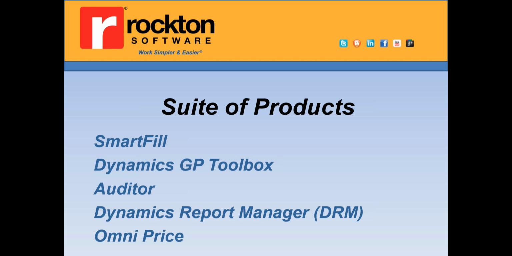We have DRM, which allows you to print and manage your reports like SRS and Crystal, and then you can do that within GP. And then Omni Price, which is a pricing tool and allows for more specific, customer-specific, item-specific pricing. And so today we're going to look at SmartFill and Toolbox, and depending on time we might take a quick look at Auditor as well.